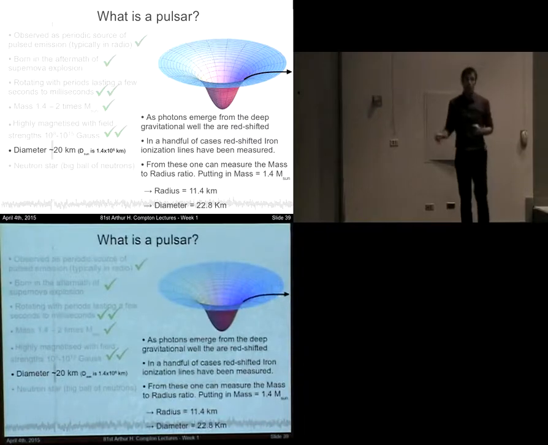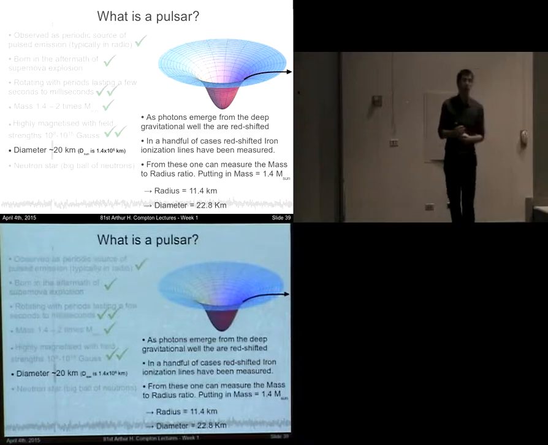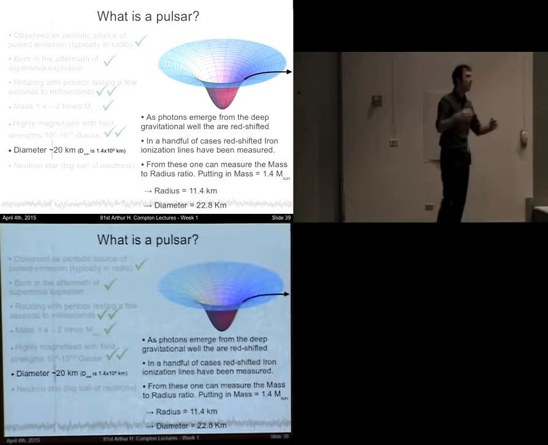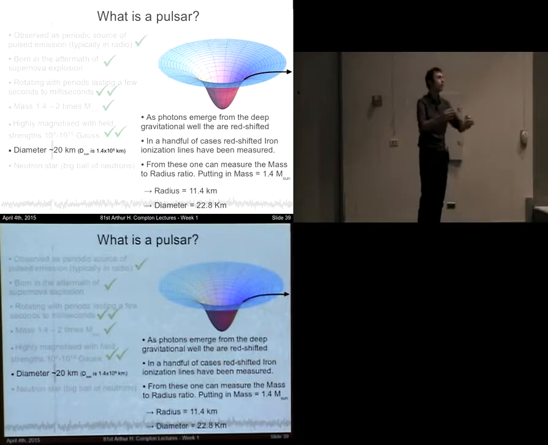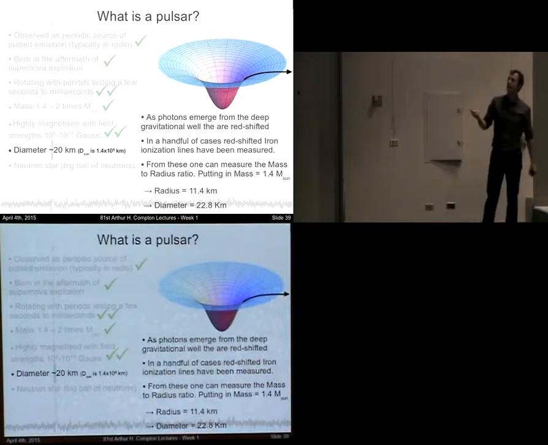So there are other ways that we can explore the radius of the neutron star, and that's by exploring these binary objects again. These binary objects have material from some other source living close to the surface of the neutron star. This material can radiate emission lines, and the emission lines are redshifted.